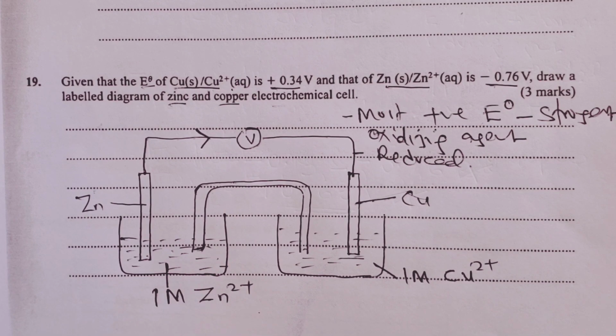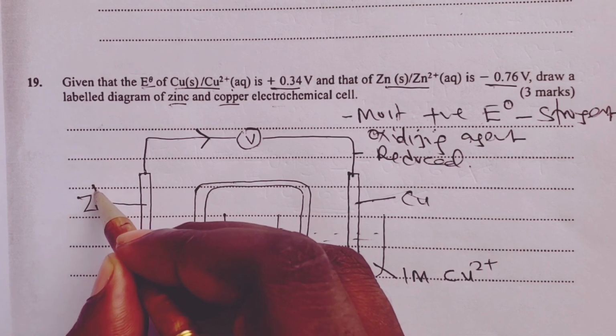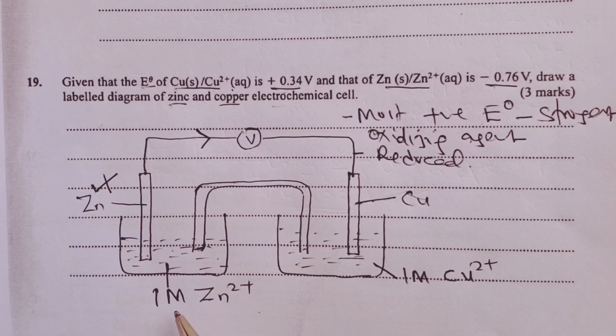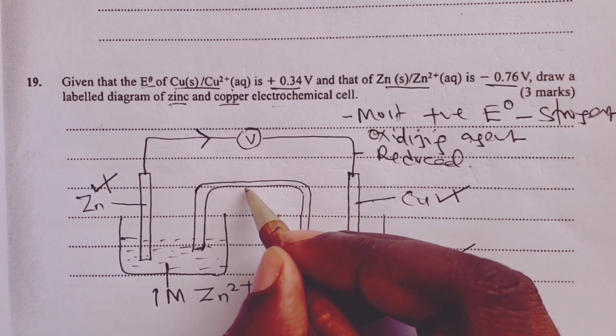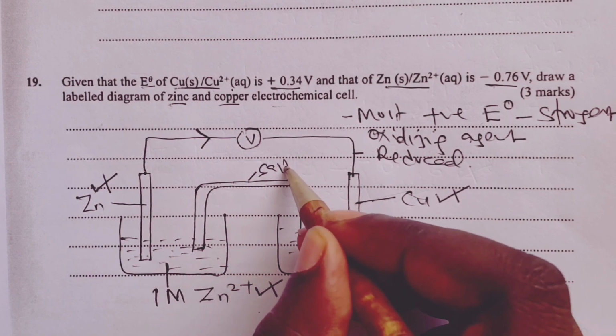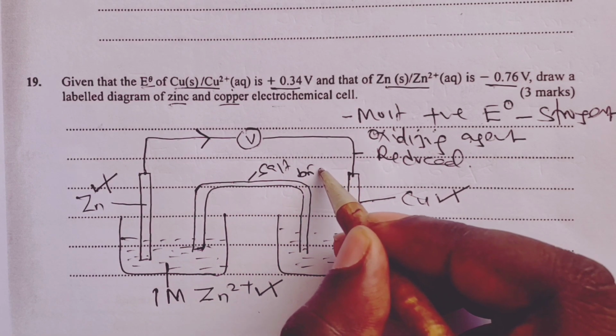It is 3 marks, so the examiner would give half for the electrode on the oxidized half cell, half for the electrolyte, half for the electrode on the reduced half cell, another half for the electrolyte, a half for labeling the salt bridge. Of course, we are told to label.